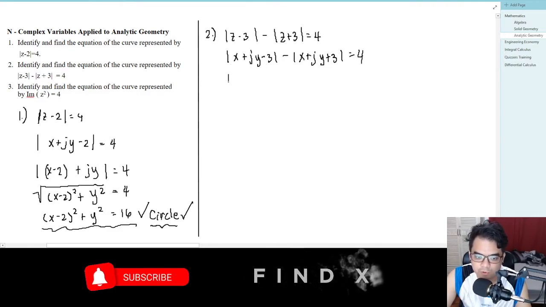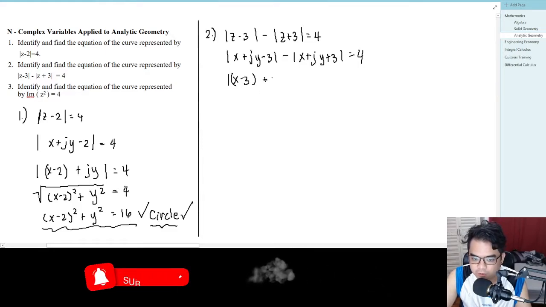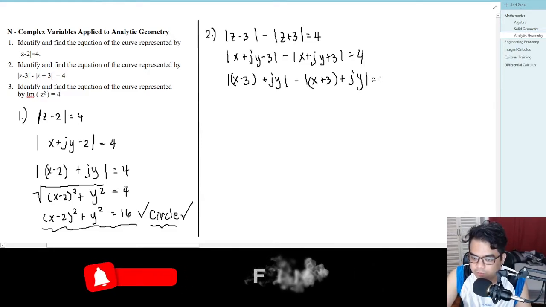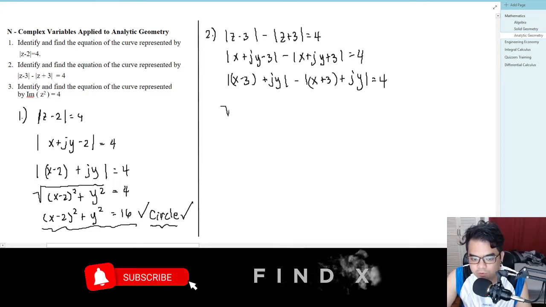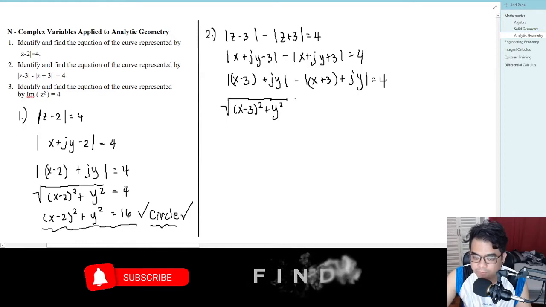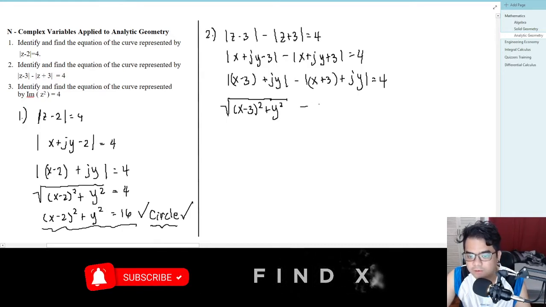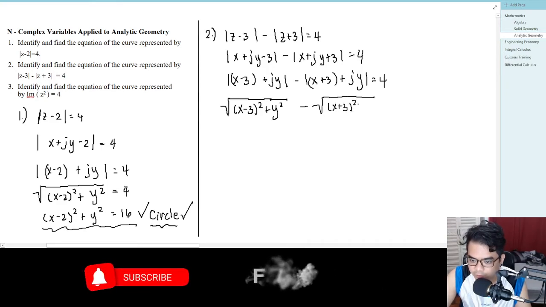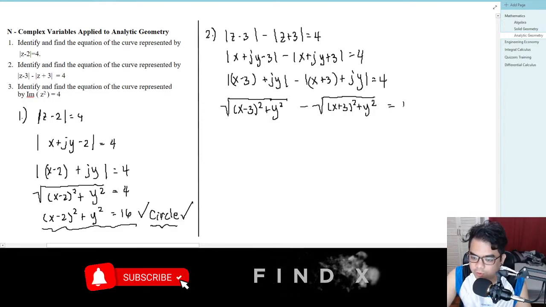So group first the real and the imaginary parts. Getting the modulus, you'll have the square root of (x - 3) squared plus y squared, minus the square root again of (x + 3) squared plus y squared, equal to 4.